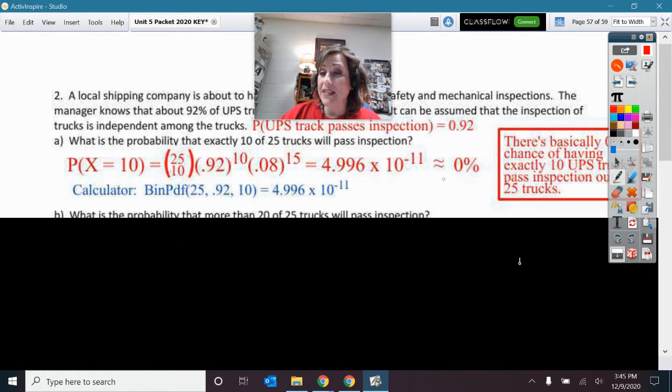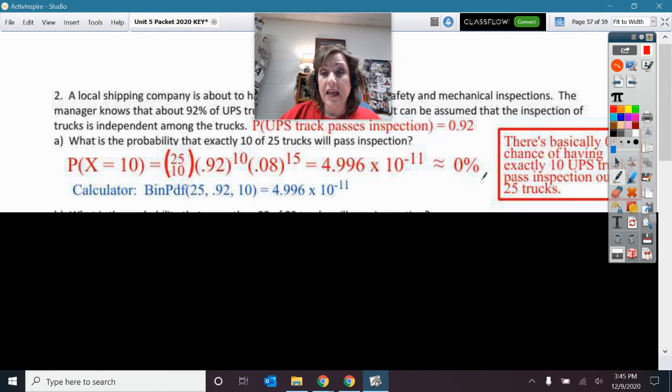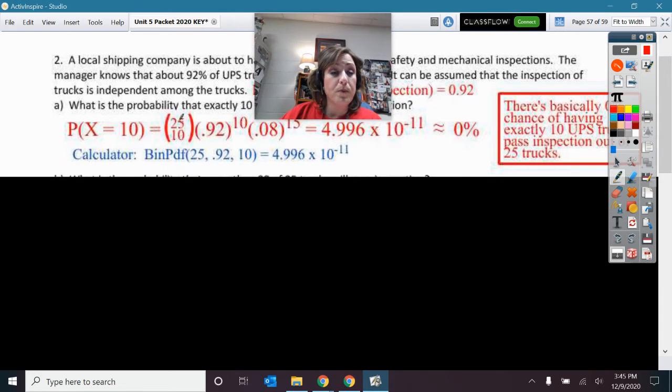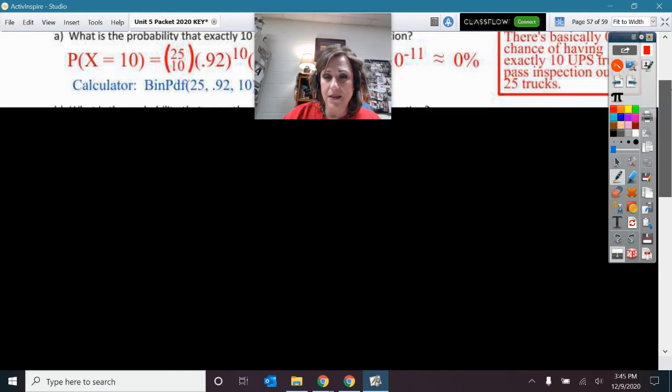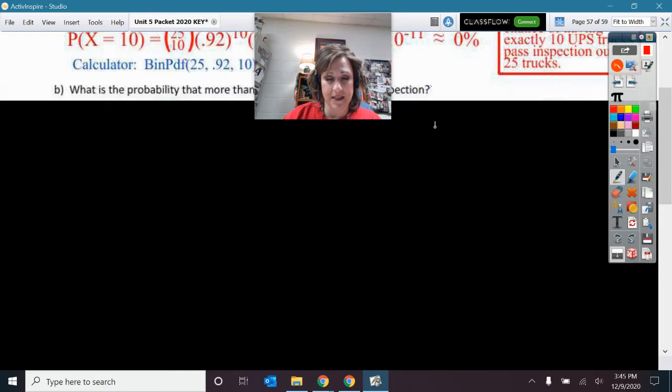So there's basically a 0% chance that exactly 10 of those 25 pass inspection. If I'm corporate headquarters and my local manager only had 10 out of those 25 pass inspection, I'm investigating that because there's mismanagement happening. That's business statistics.